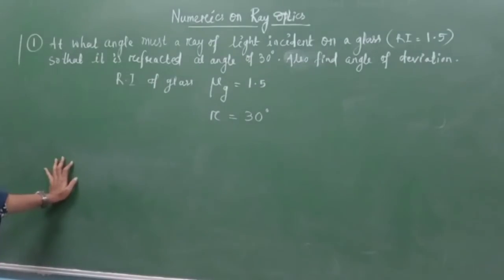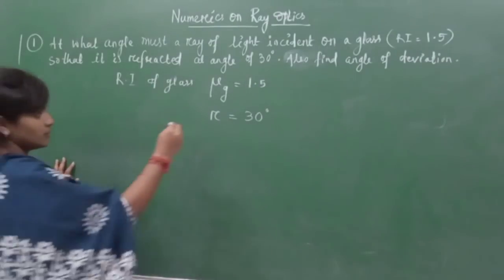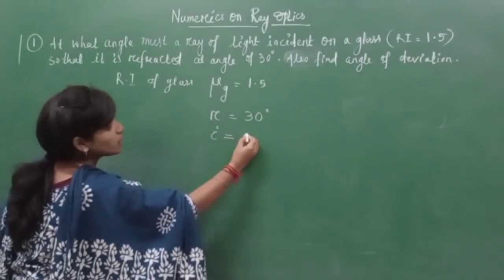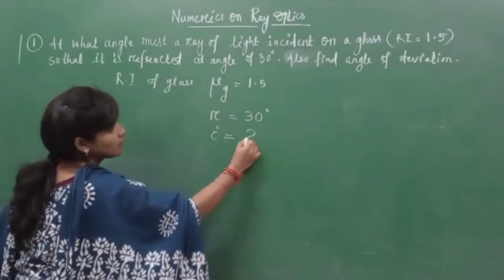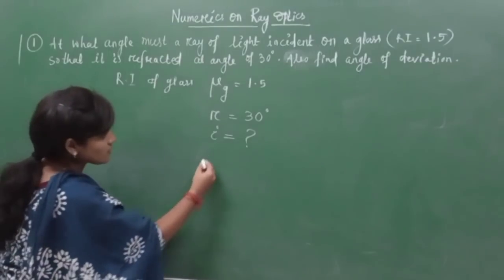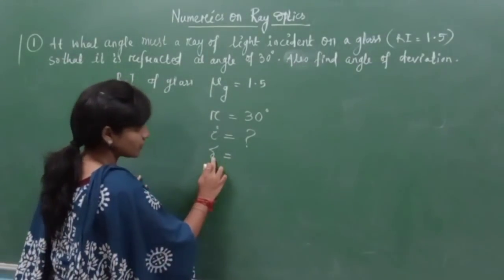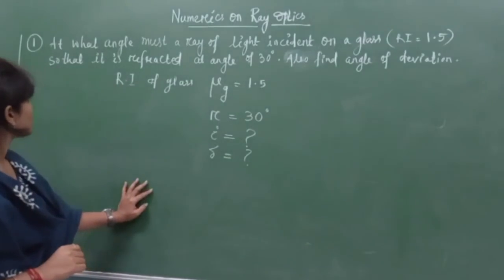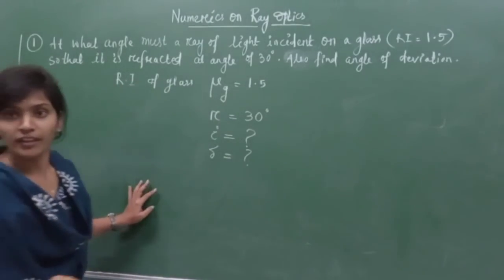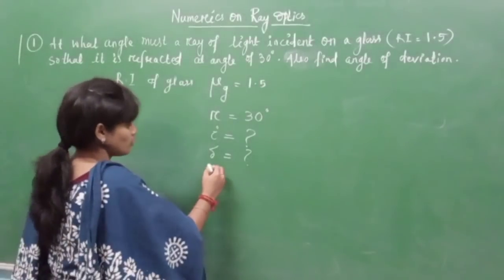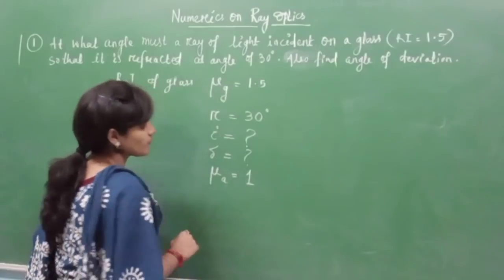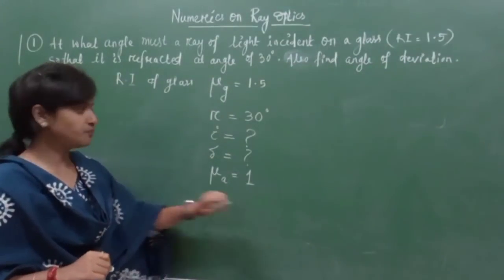The question asks us to find the angle of incidence I, and the angle of deviation delta. Since the ray is traveling from the air medium to the glass medium, we can take mu air as 1, and the first medium as the air medium.